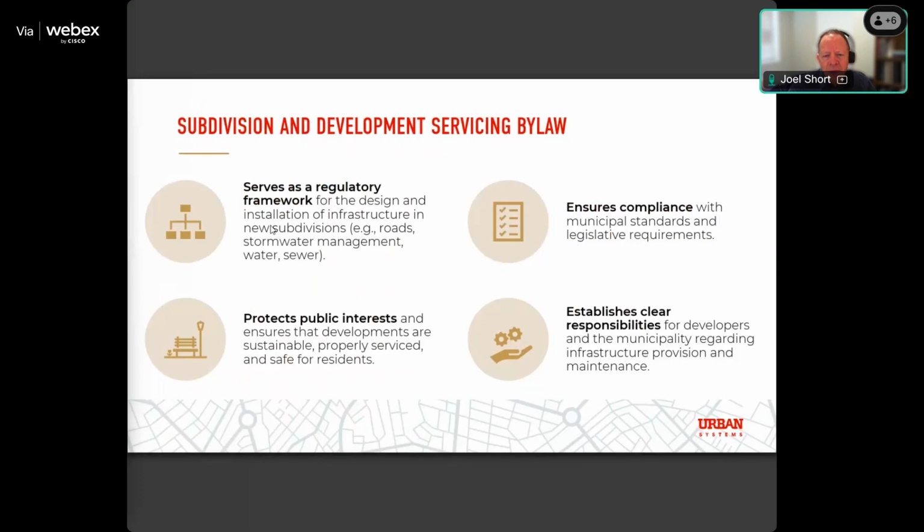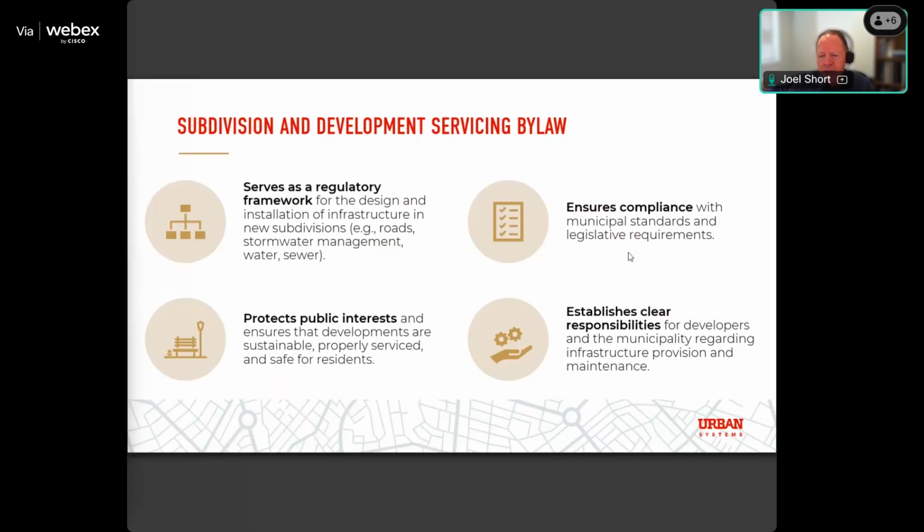As a bit of background, the subdivision and development servicing bylaw does a number of things. It serves as the regulatory framework for designing and installing infrastructure in new subdivisions. So this is where we're talking about the actual development itself. The developer needs to build roads, water and sewer systems. This is the bylaw that says this is what needs to be built.